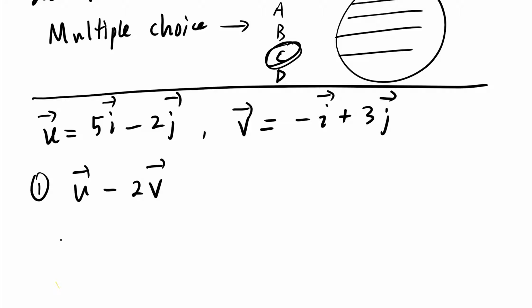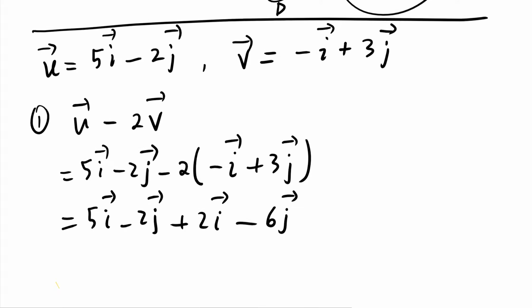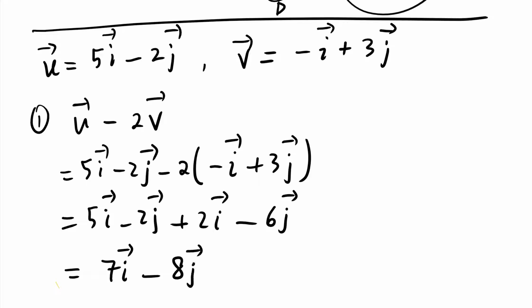We had something similar on the previous test, and some people still get it wrong. It's 5i minus 2j minus 2 times negative i plus 3j. That's 5i minus 2j plus 2i minus 6j, which gives us 7i minus 8j.